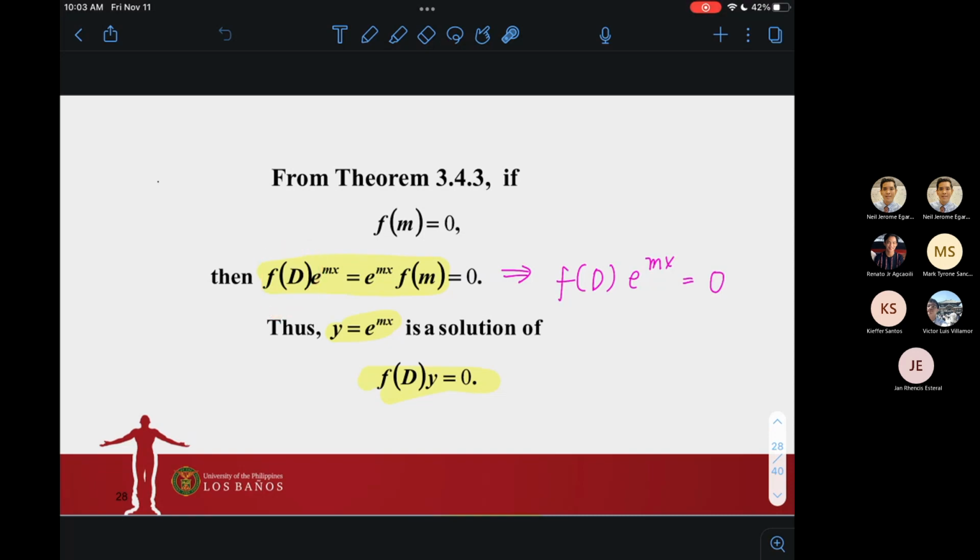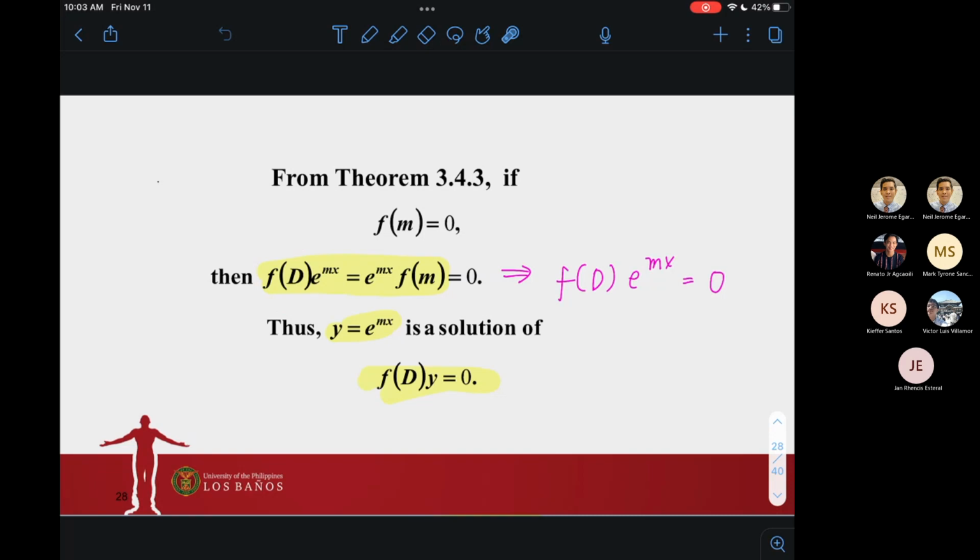Pag meron kang polynomial, papalitan lang natin yung mga variables by the differential operator D. Tapos kung whatever this guy is, pag in-apply mo siya kay e to the mx, tas in-equate mo kay 0, kapag meron kang operator, in-apply mo kay e to the mx, and you find a constant little m that will make the polynomial f equal to 0, then that means this differential operator or the image of this differential operator will be equal to 0.